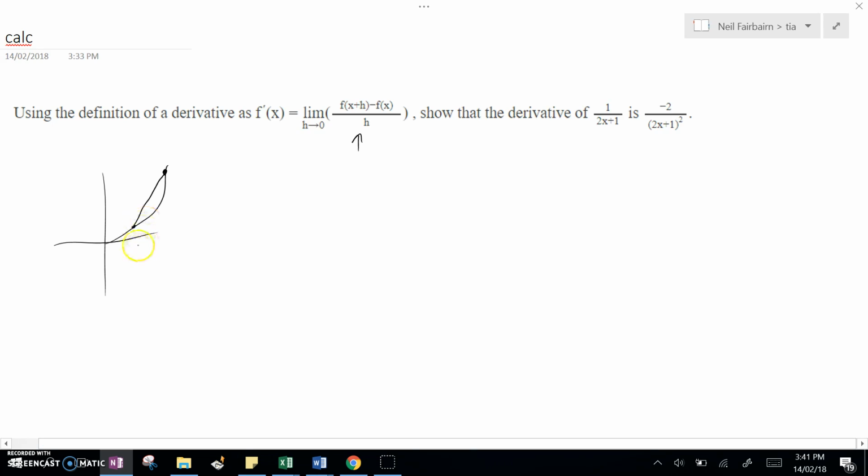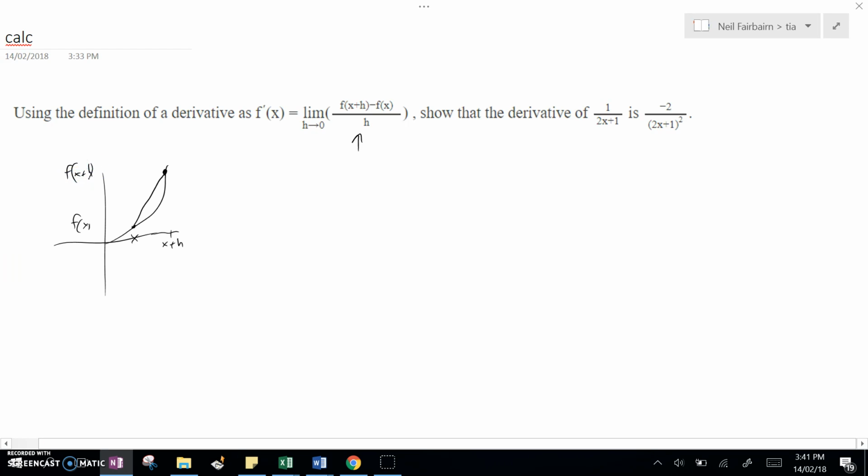Okay, so if this is x and this point here is, let's say, x plus h, and this would be f of x, and this would be f of x plus h.